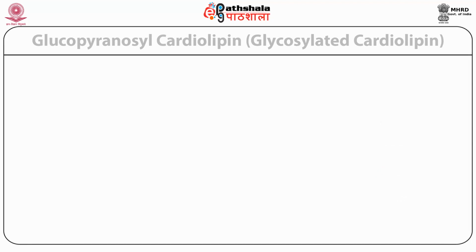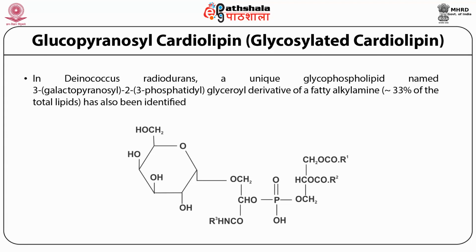In Deinococcus radiodurans, a 3-galactopyranosyl 2,3-phosphatidyl glycerol derivative, which is an exclusive glycophospholipid of a fatty alkyl amine, has also been identified.